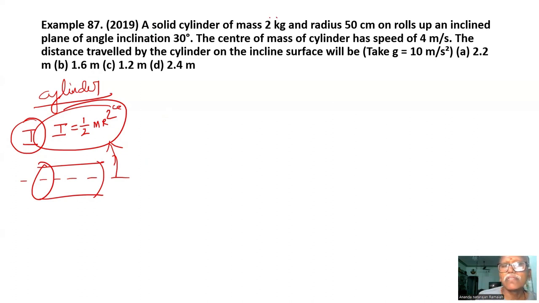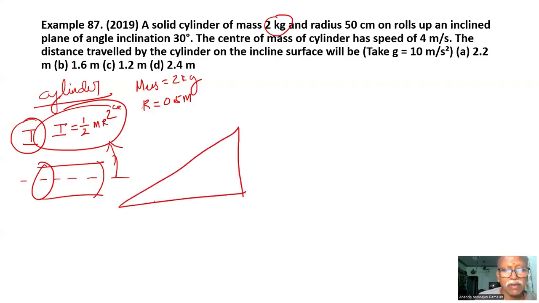A solid cylinder of mass 2 kg, radius r equal to 50 centimeter, that is 0.5 meter, rolls up an inclined plane of angle 30 degree. It rolls up like this.